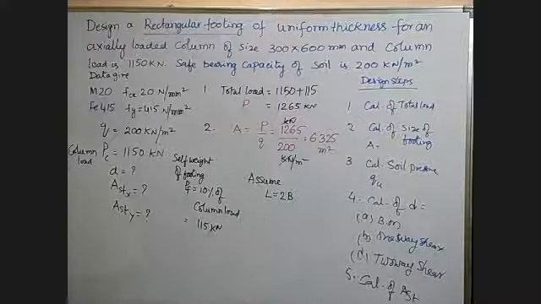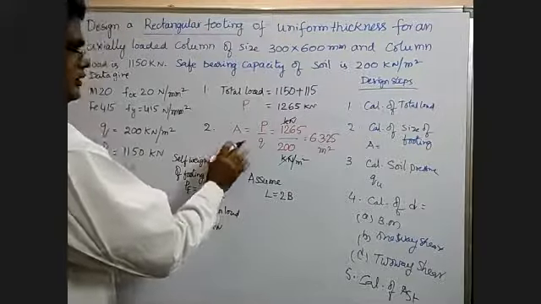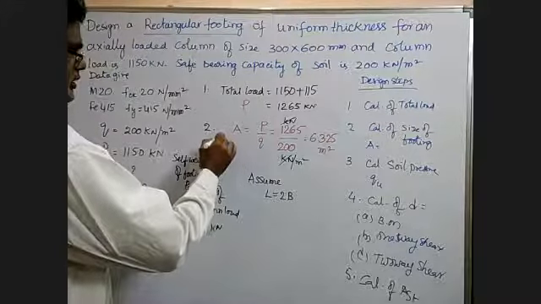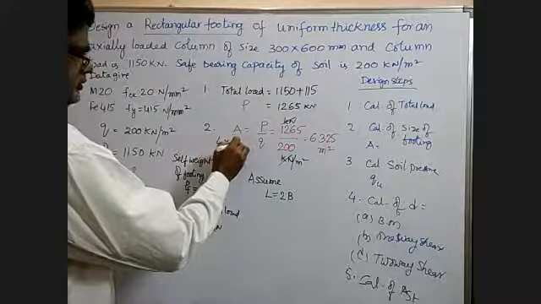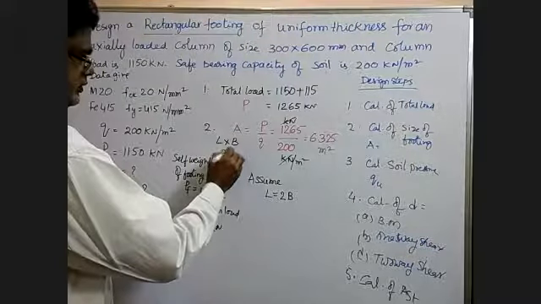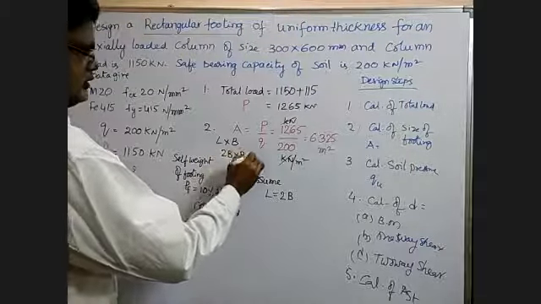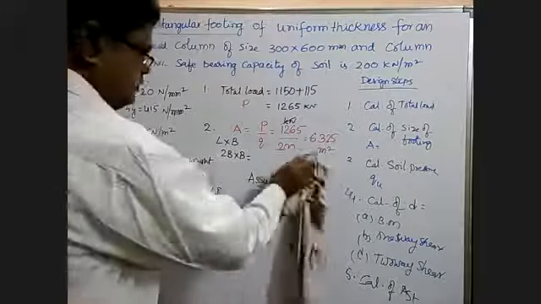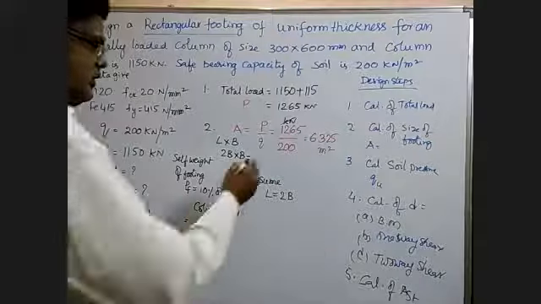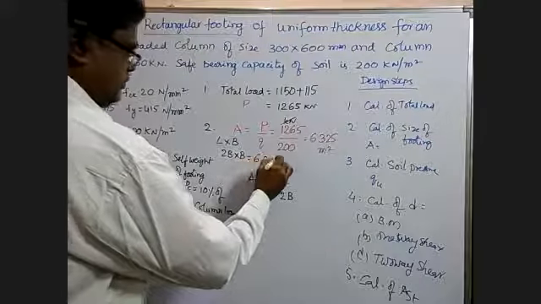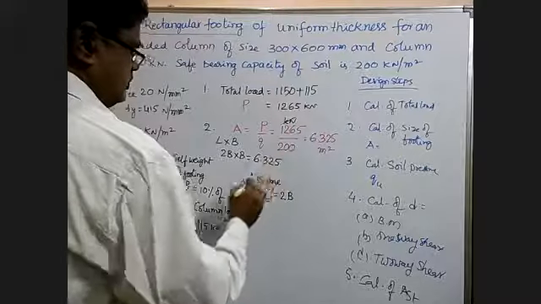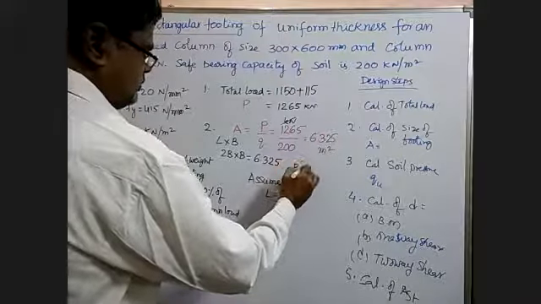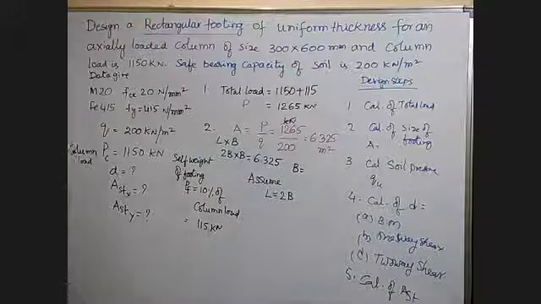Now the area is equal to L into B, but L is equal to 2B, so 2B into B is equal to 6.325.